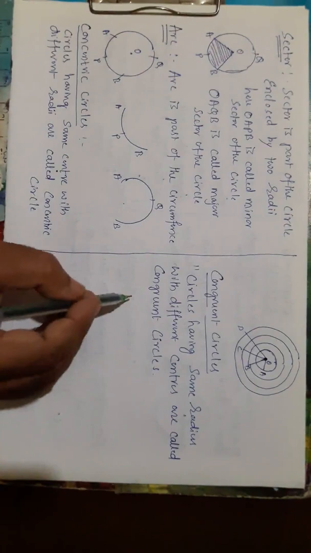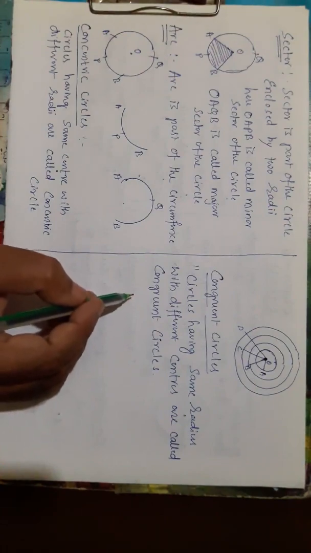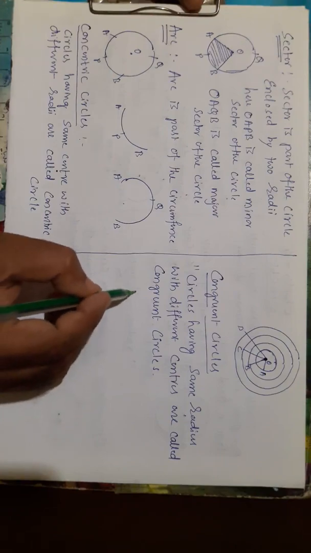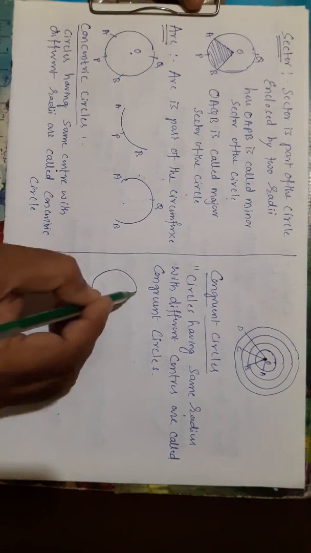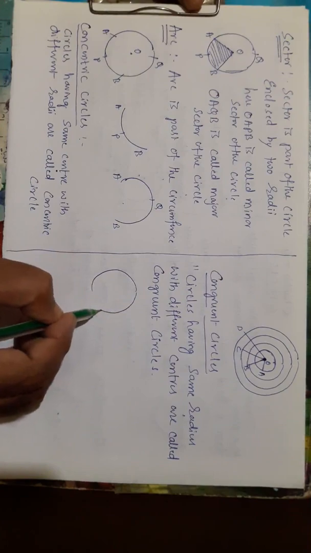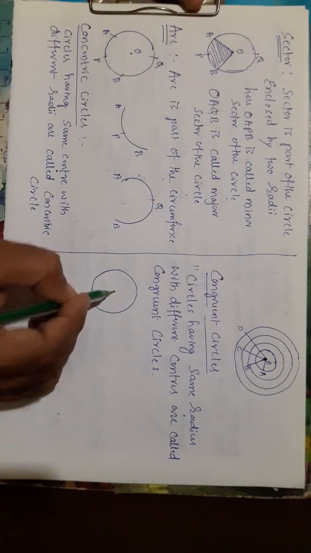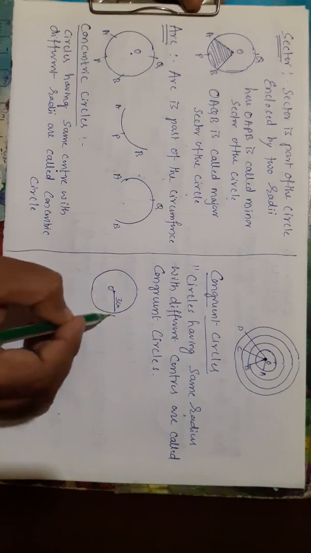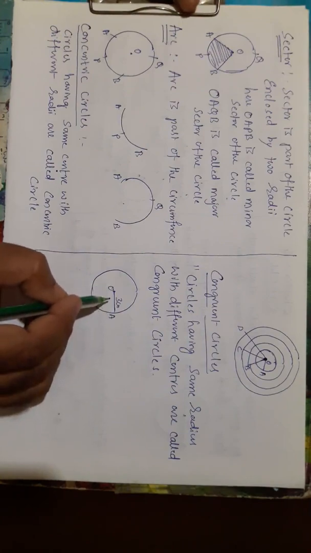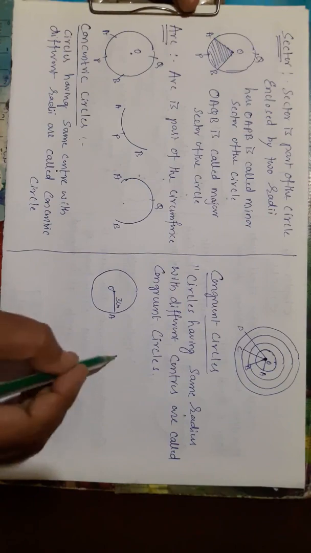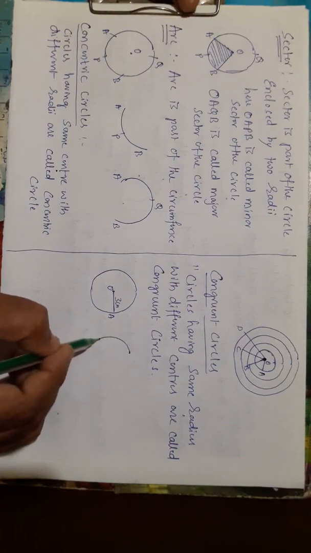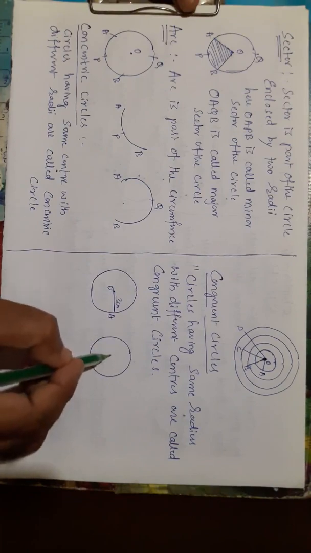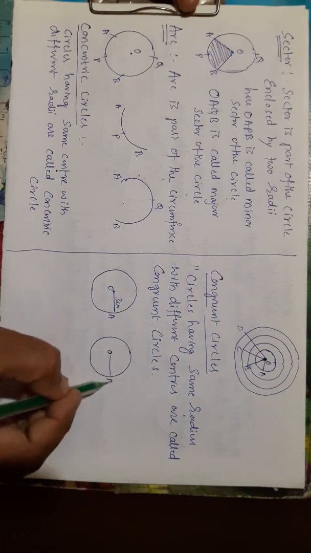Let us draw. Now I am drawing congruent circles having the same radius. Imagine I am taking a radius of 3 centimeters, OA. Now I am changing the center with the same radius, OB.